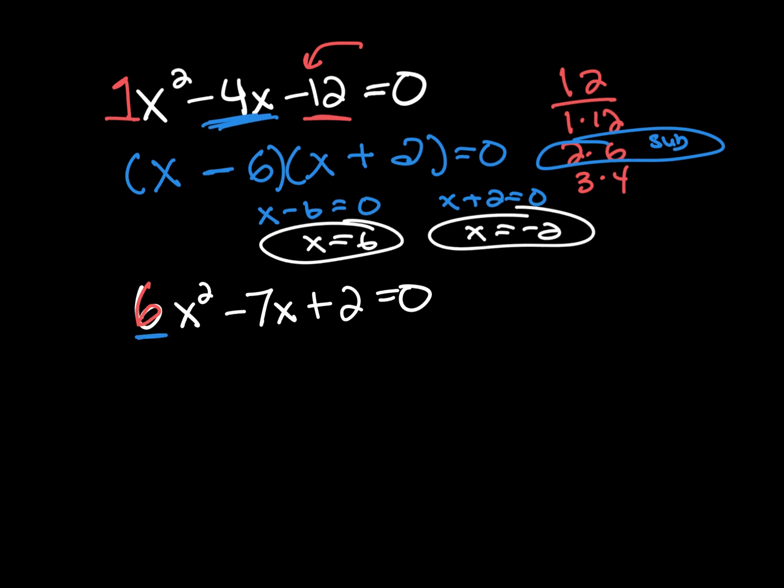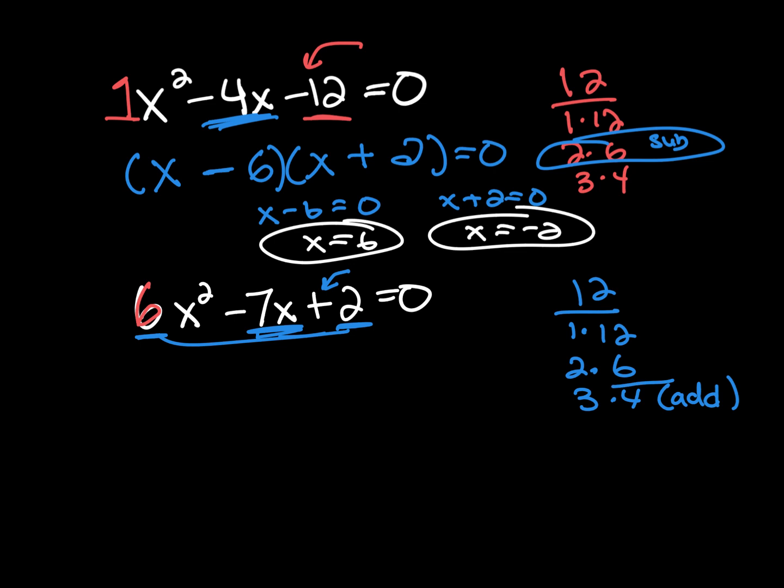Okay, in this one, since there is a number in the front, I am going to go ahead and multiply those. I also get 12, so it's actually the same list of factors that I used above. But this time, since the last term is a positive, I want something that's going to add to give me the 7. So this time I'm going to actually use the 3 and the 4.